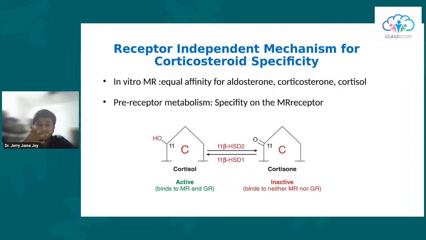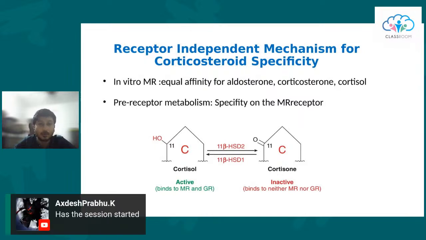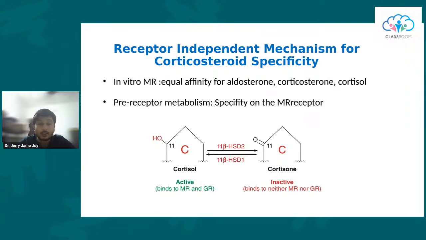Aldosterone receptors are present in the kidney, salivary glands, and epithelial cells also. So when cortisol reaches those specific areas, there is always a chance that cortisol can bind to the mineralocorticoid receptor and produce a mineralocorticoid action.